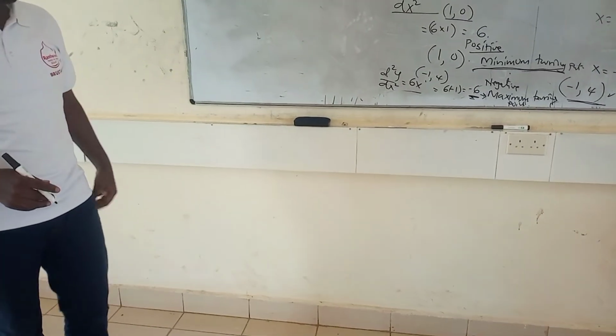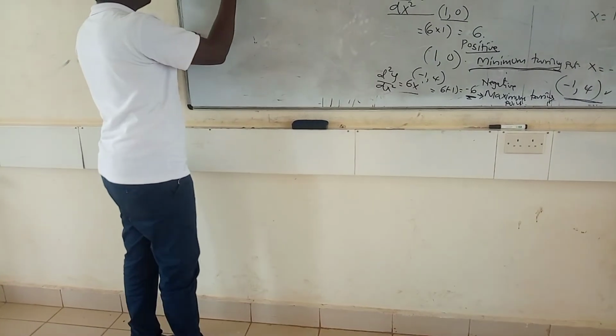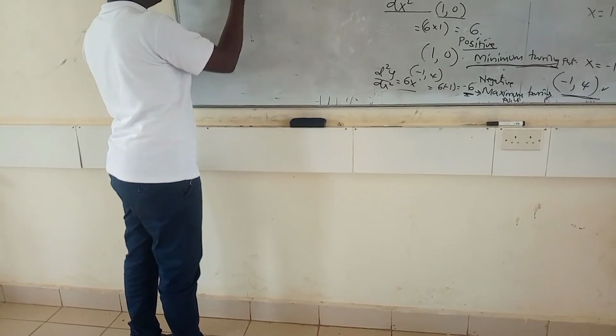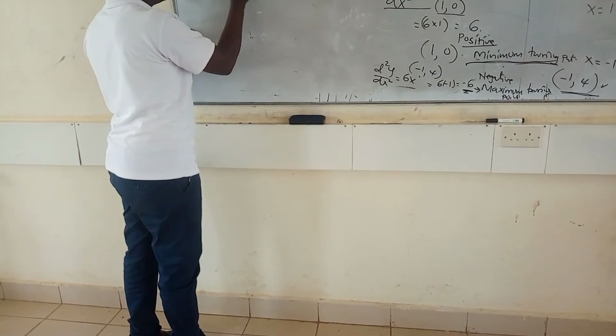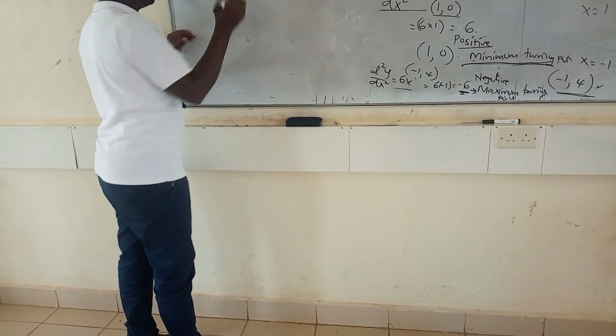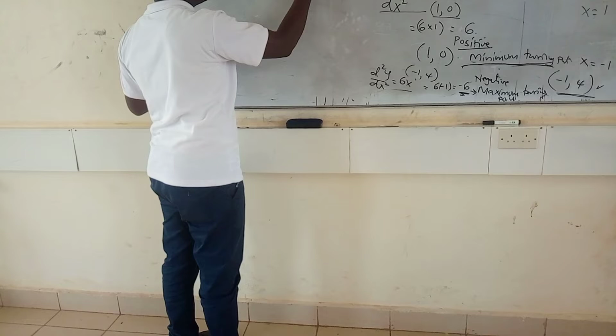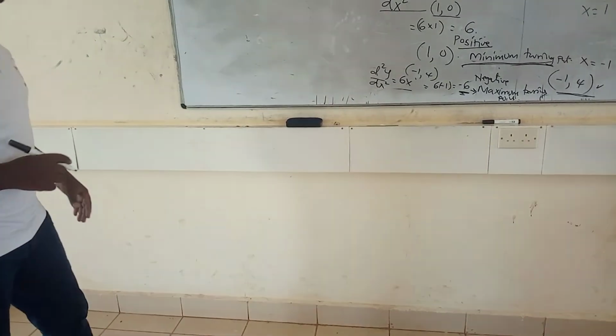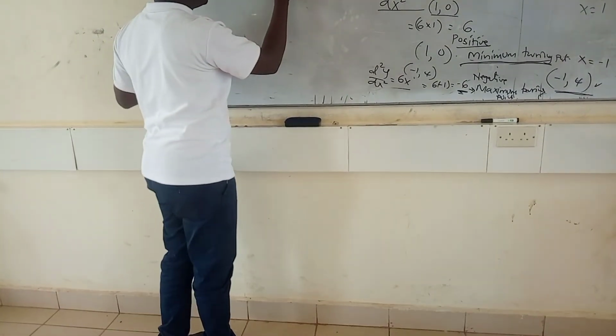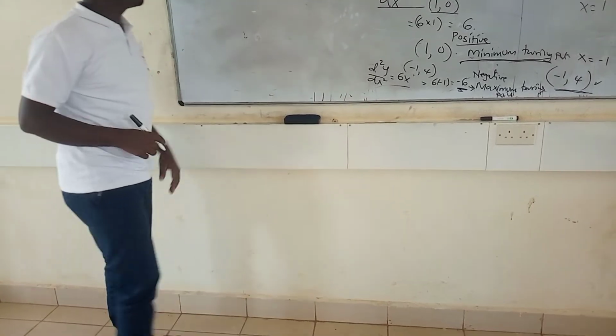So 4x squared is 0, so x is 0. And also 3 minus x is 0, so x is 3.